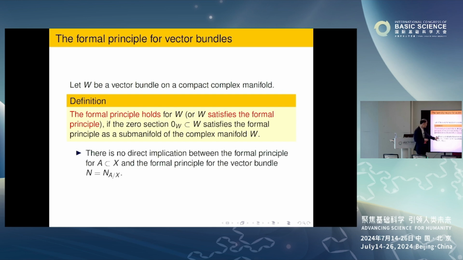But there is no direct implication. Maybe this answers your question. There is no direct implication between the formal principle of a submanifold and the formal principle for the vector bundle. It looks related, but if A satisfies the formal principle, it doesn't imply that the normal bundle satisfies the formal principle, neither the other way around. So they are somewhat related, but completely different problems.